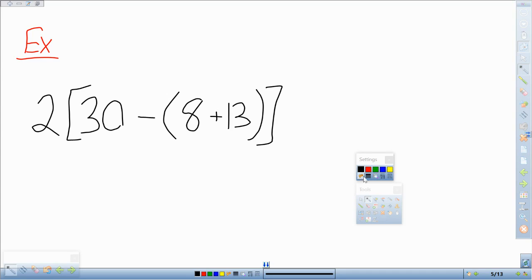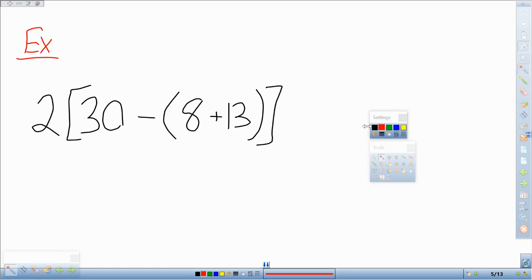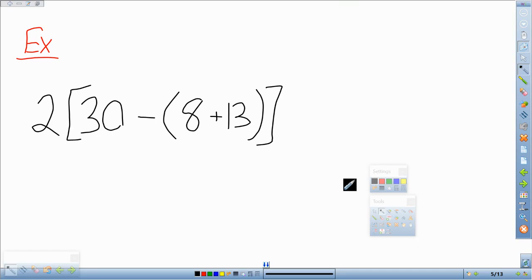So here's what I notice. We have these new things right here and here. Those are called brackets, but they're basically the same thing as parentheses. They're just a way of making it cleaner. Because if we use parentheses instead of these, just a real quick example. Oh man, I really need to change the size of this. Let me do that real quick.